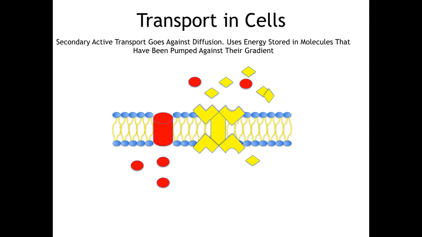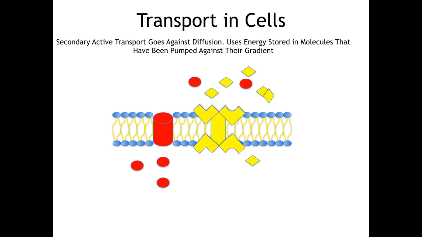Instead, what it does is it just has a primary active transport mechanism for a few things. One of the main ones is sodium and potassium. There's what's called a sodium-potassium pump, which we will talk about in great detail later on in the course. And so you build up a concentration, moving a whole bunch of sodium to one side, and then you can use the energy that you stored in that sodium to bring a whole bunch of things back across.